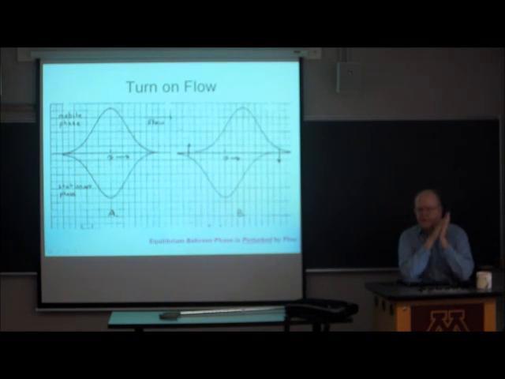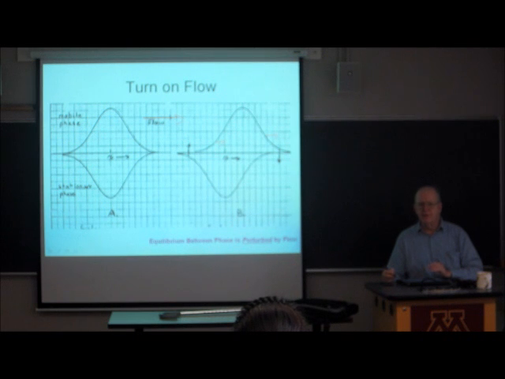It hasn't been given enough time to get to equilibrium. This entire mobile phase distribution has been shoved down the column a bit. The flow pushes it down the column, so this has been displaced in the x direction. And the distribution in the stationary phase is going to lag behind the distribution in the mobile phase.